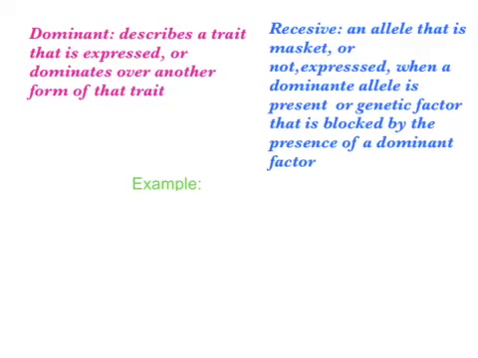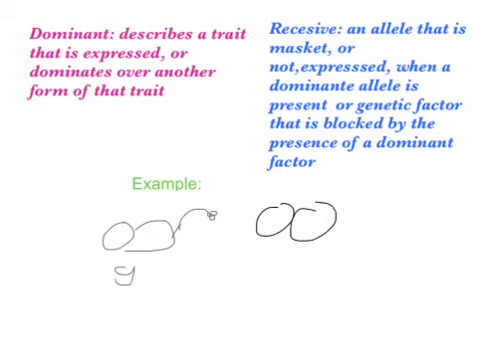Example: black fur is dominant to gray fur on mice. If two black mice mate, at least part of the offspring will have black fur. If they are heterozygous for black, though, a gray mouse offspring may be possible, but there will always be more black offspring than gray offspring.